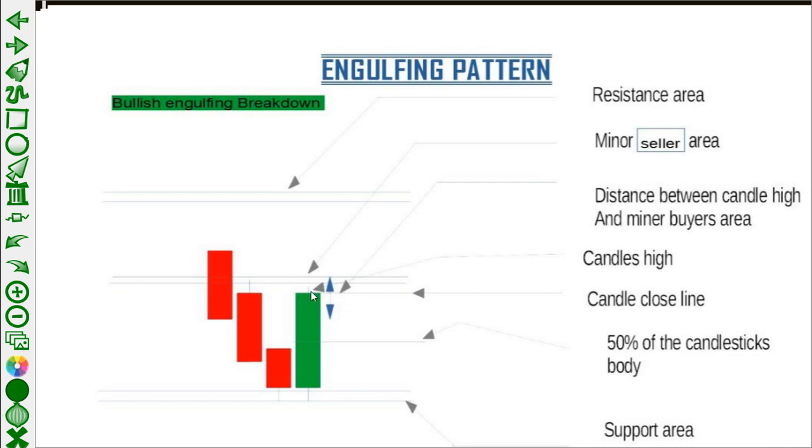That doesn't matter, because our goal is to filter the false signals. In this case it may go up, and there are some chances that a small retracement red candle may happen at the minor seller area. So the probability of winning this call option is 50-50. So we are not going to trade this.